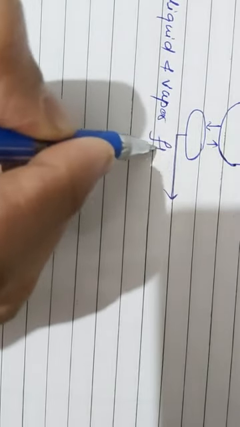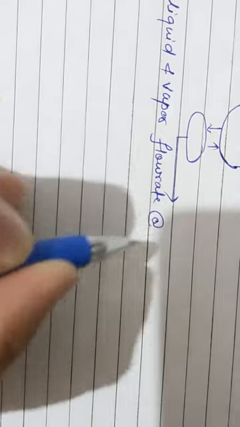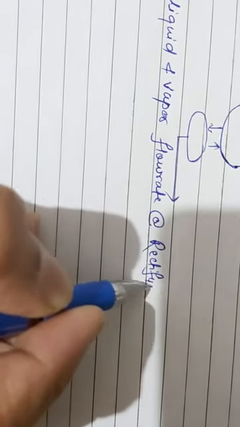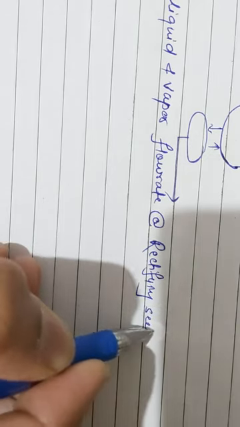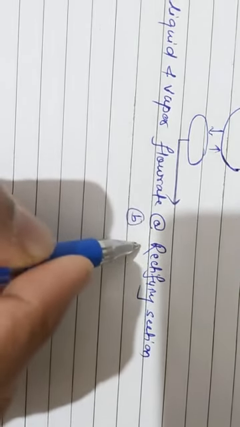Okay. Now to design a column, what is required first is the liquid and vapor flow rate at the rectifying section and at the stripping section.